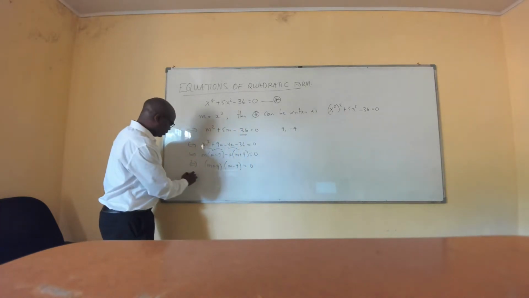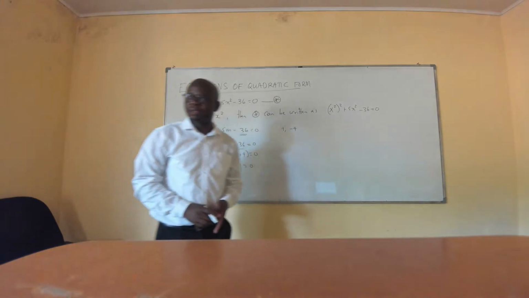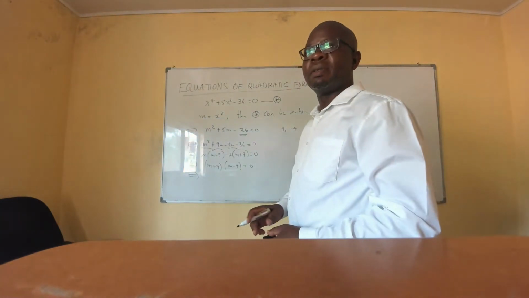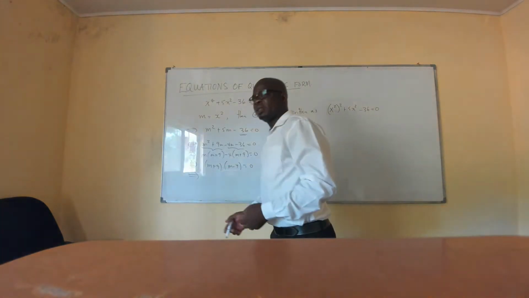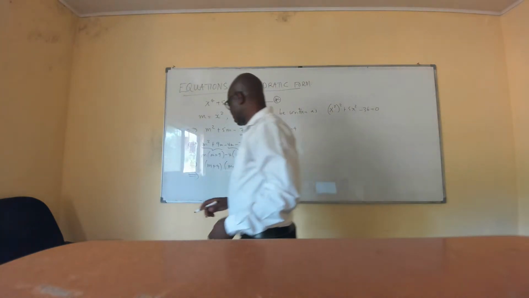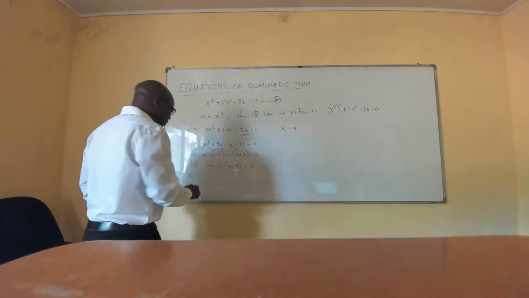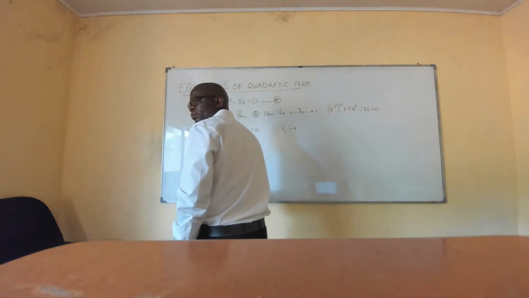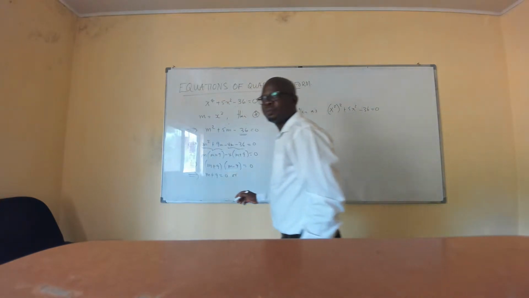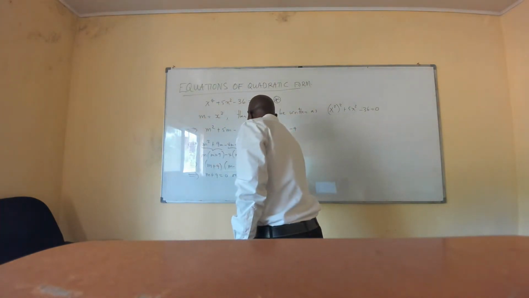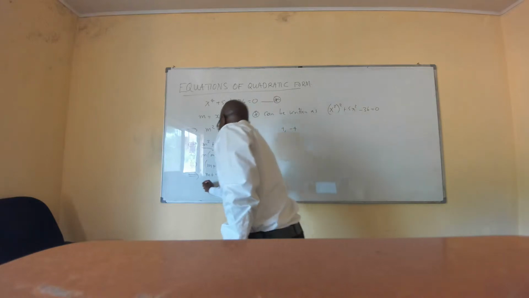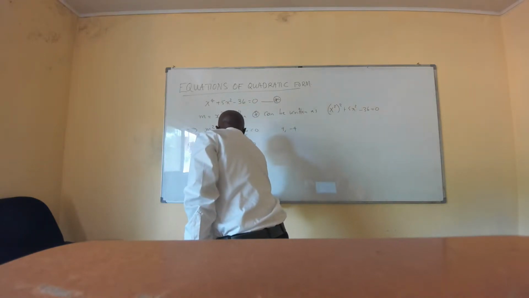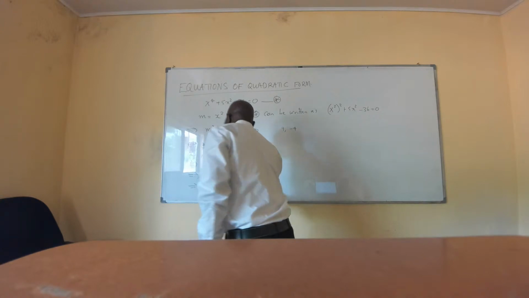But the product of two numbers is 0 if at least one of the two numbers is 0. So this means m plus 9 is either 0 or m minus 4 is 0. When you solve this, m will be minus 9 or m will be 4.